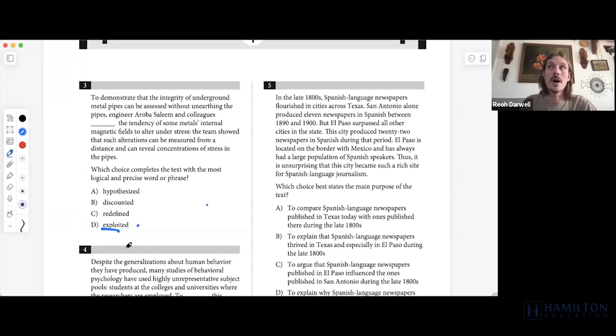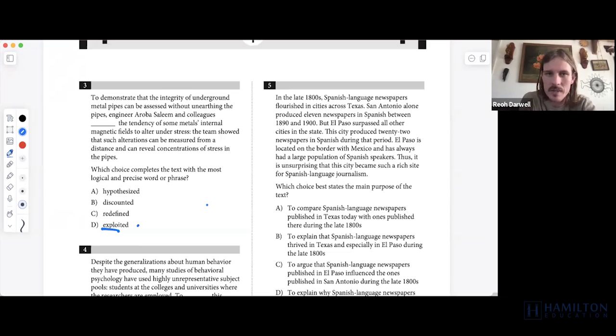Okay. So, or to make an advantage out of something, especially when the thing that's being exploited is not a human. All right. Exploited can essentially mean utilized.